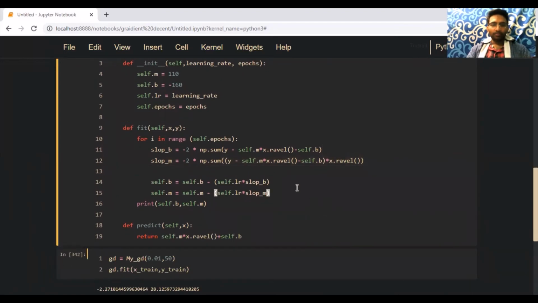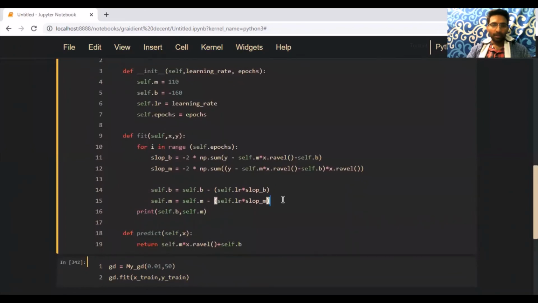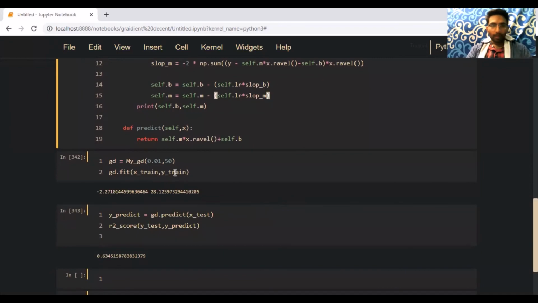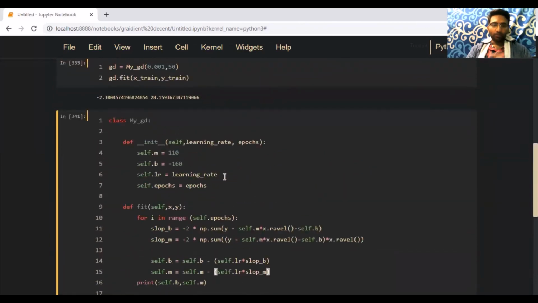I have just shown you the concept of how we are moving towards the global minima. And now comes the pictorial part, where I will be showing animations of how it finds the best fit line. So stay tuned.